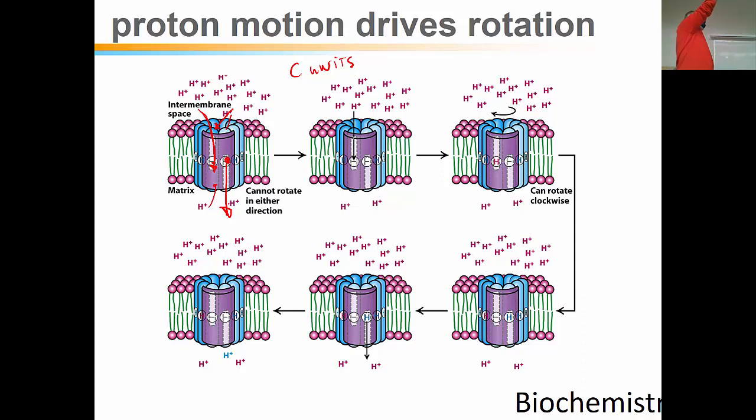So a proton drops in to the transporter, moves into a C ring. It has to go all the way around, and then it drops through, because that completes then the channel. And so what we're doing is using that proton gradient to physically, mechanically turn this thing around.